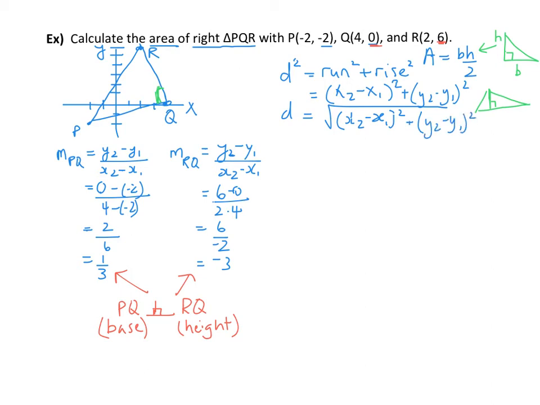Okay, so I'm going to find the distance between P and Q. It's going to be the square root of x2 minus x1 squared plus y2 minus y1 squared. Now I've already done some work here. I know that on the top here, there's my y2 minus y1, which matches up with the number 2.